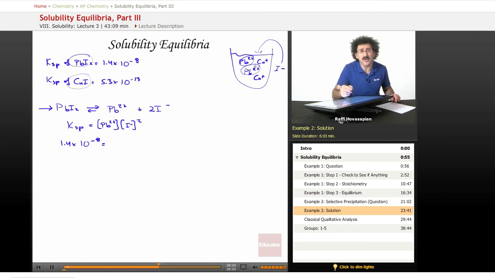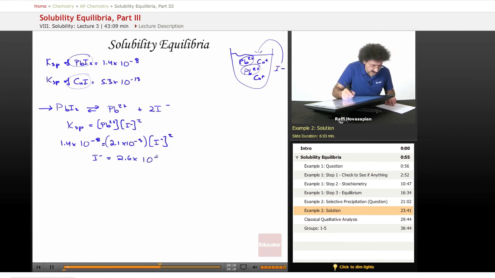It gave us the concentration in the problem. So it's a simple question of algebra to find out the iodide ion concentration. And in this case, the iodide concentration is 2.6 times 10 to the negative 3 molar. That means when the iodide concentration hits 2.6 times 10 to the negative 3 molar, based on the amount of lead that was already in there, it'll match the KSP, and at that point, that's when the precipitate will start to fall out.